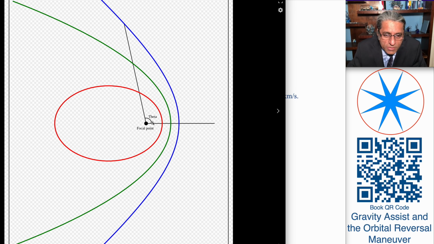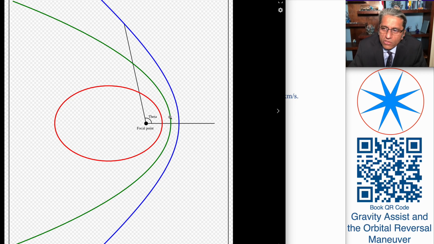And of course, the distance when it is in this part of the orbit is a lot less than, let's say, this distance or this distance.